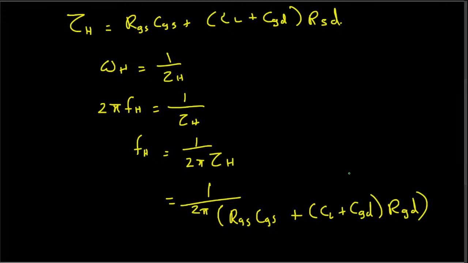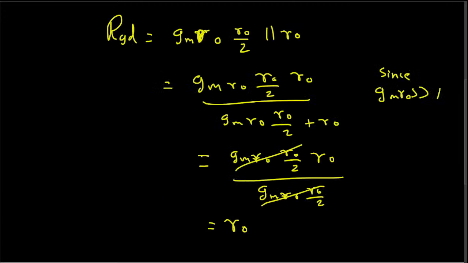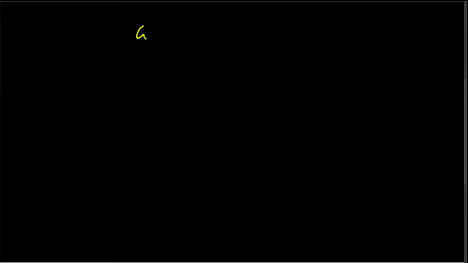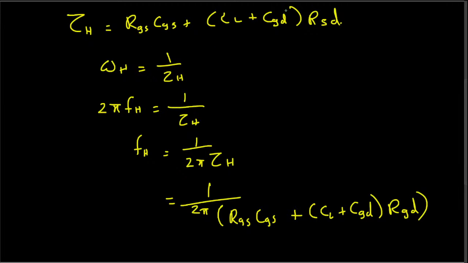So let's deal with omega h first. Omega h is nothing but 1 over tau h, and 1 over tau h is the whole expression we had right here.